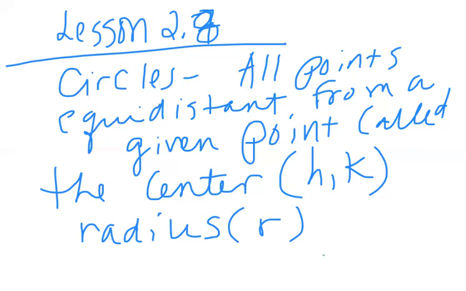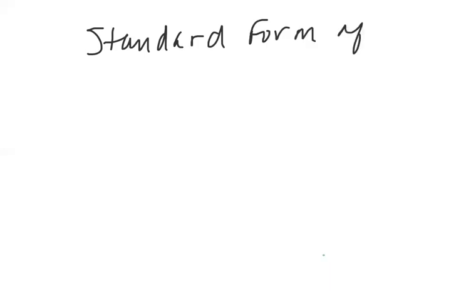Now, I'm getting ready to erase this. That's why I'm lingering here, okay? So guys, here's the equation we use, the standard form of a circle. The equation of a circle to pick up all the points on the circle.